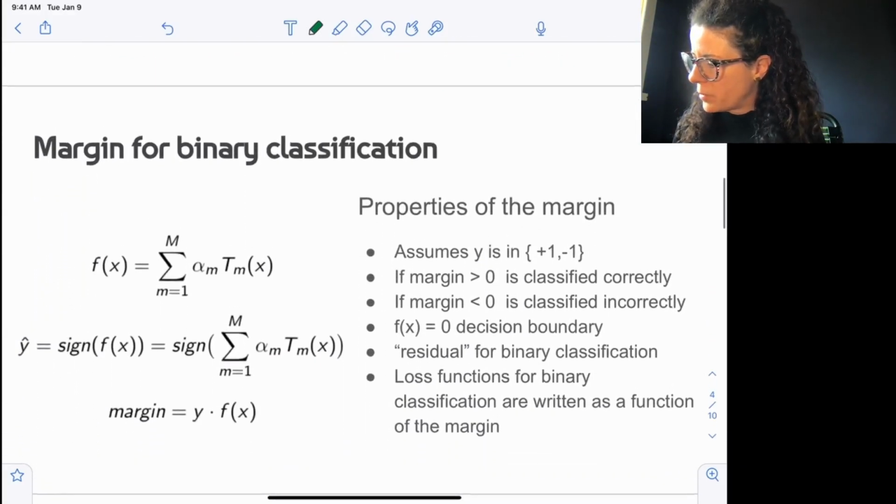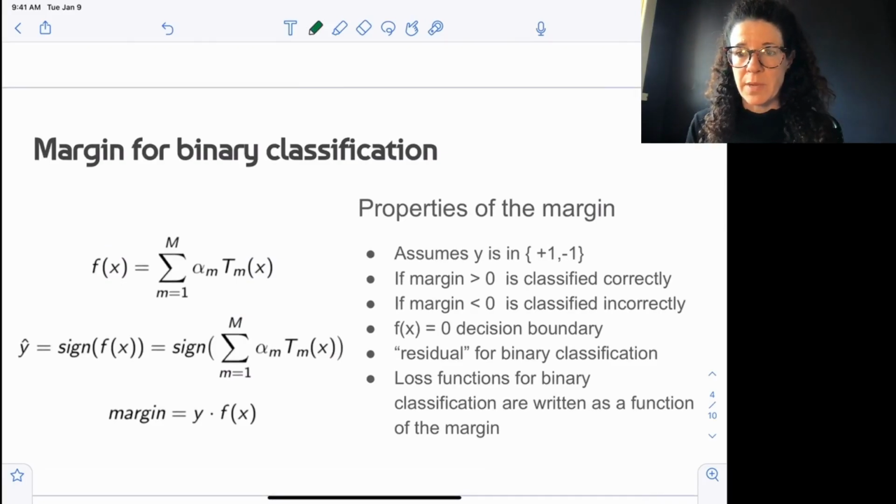So let's talk about properties of the margin. As we proved, if the margin is bigger than 0, then the observation is classified correctly. If the margin is less than 0, the observation is classified incorrectly. The margin is kind of like the residual, which we defined in regression, but for binary classification. Most loss functions for binary classification can be written as a function of the margin.